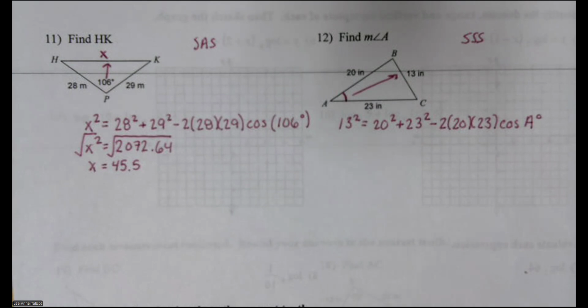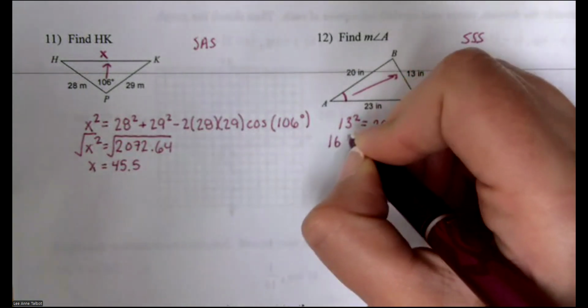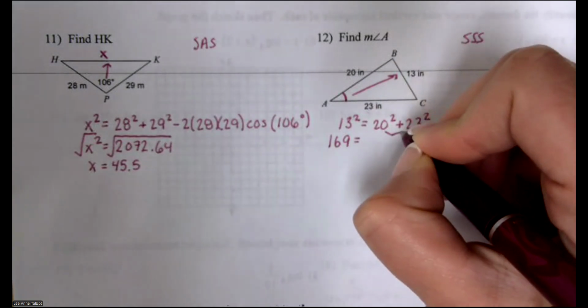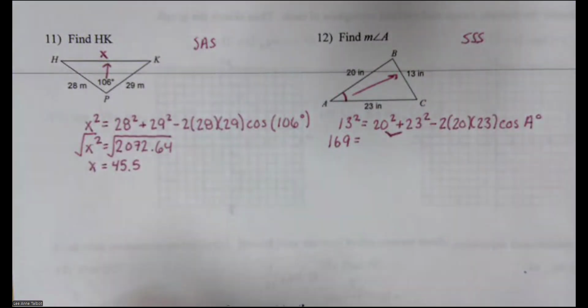Okay, now this is where I don't know if you guys paid attention in the video, but I was very specific about order of operations here. So this side becomes 169, and combine these two. Put the little arrow there, literally, don't skip that.